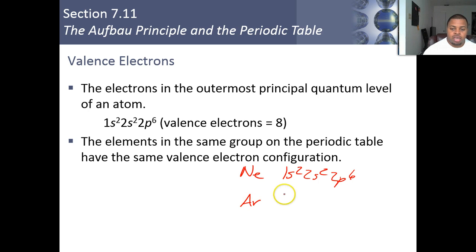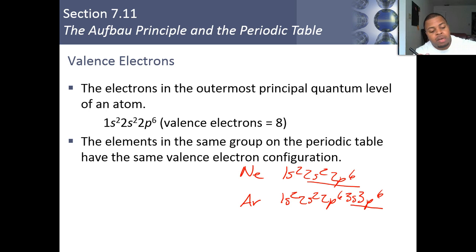Argon is going to end 1s2, 2s2, 2p6, 3s2, 3p6. Notice we end s2, then p6. Same thing happens here. The only difference is now we changed our energy levels. So it's going to have the same valence configuration. Okay, that's why we end up with 8 in both of those elements.